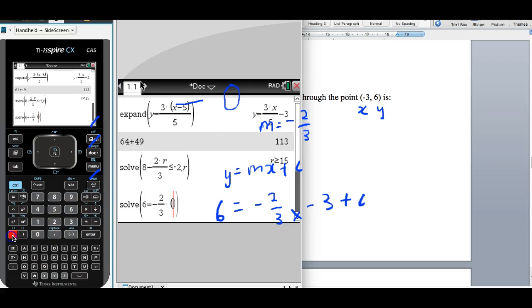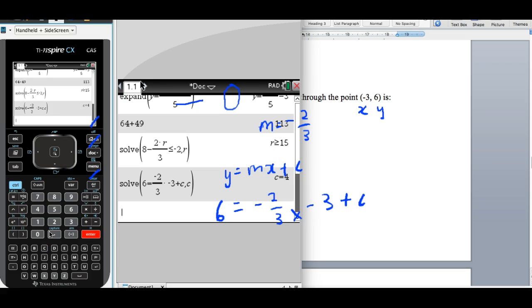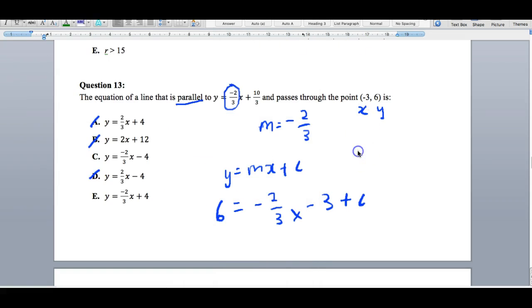When I've got a negative number, I like to put it in brackets. It wouldn't make any difference if you didn't put the brackets there. So 6 equals -2/3 times -3 plus c. Solving for c, c equals 4.